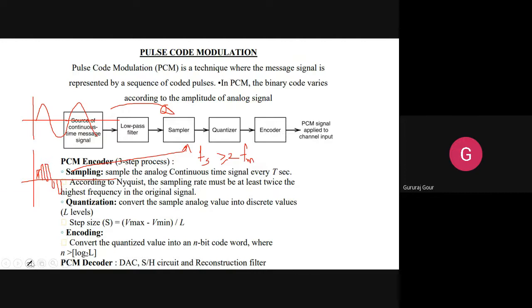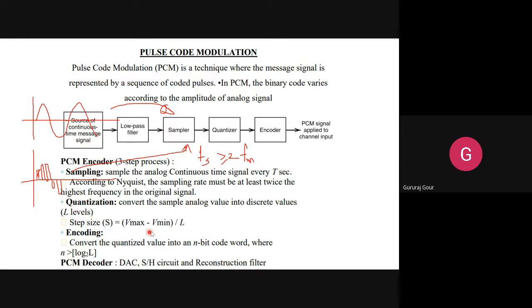Then later this sampled signal is quantized. Quantization is done by representing each sample of this discrete signal by rounding it off.